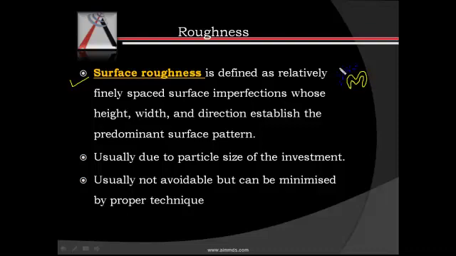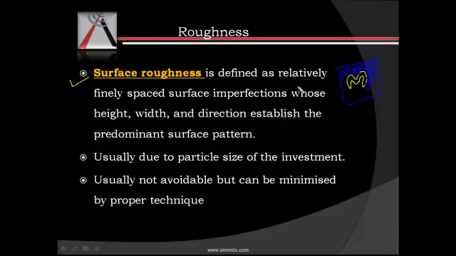The investment that we used to create the mold is made up of particles. These particles create a kind of roughness on the mold surface. If the investment has bigger particles, it's obvious that these bigger particles will show up as roughness on the mold, and this roughness will then be reflected on the casting.